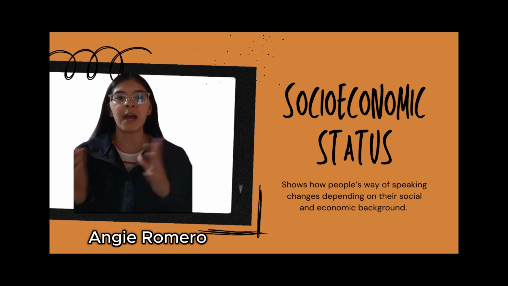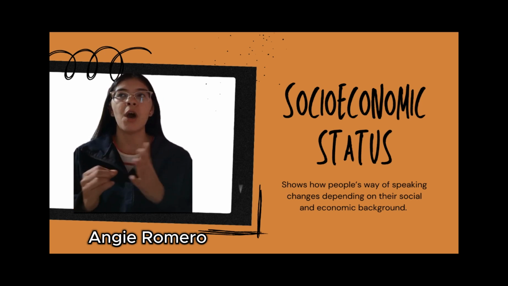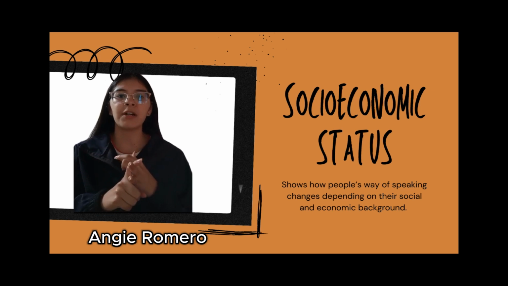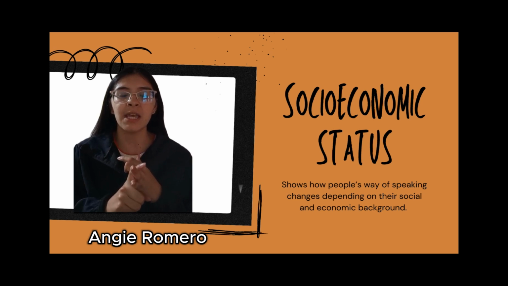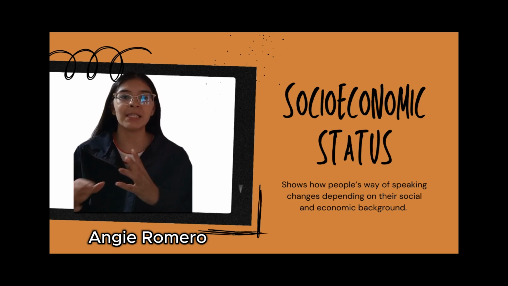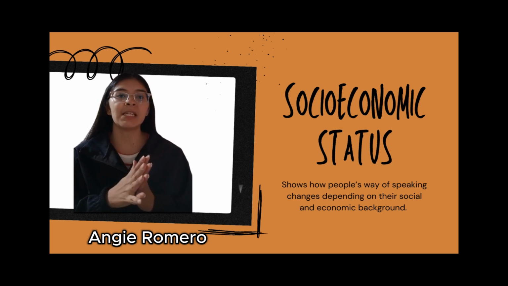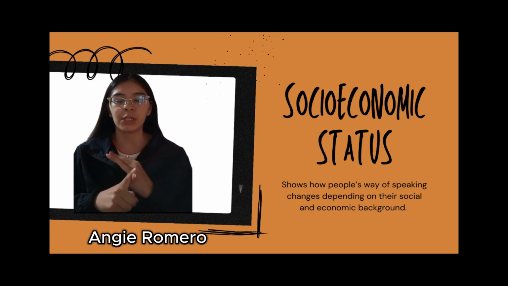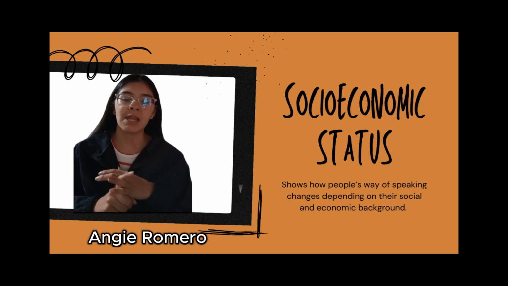While people from higher socioeconomic status often use standard grammar, formal vocabulary, and structured sentences. But I want to emphasize that these differences are not about intelligence, right? They are just about social context, environments, and experiences.